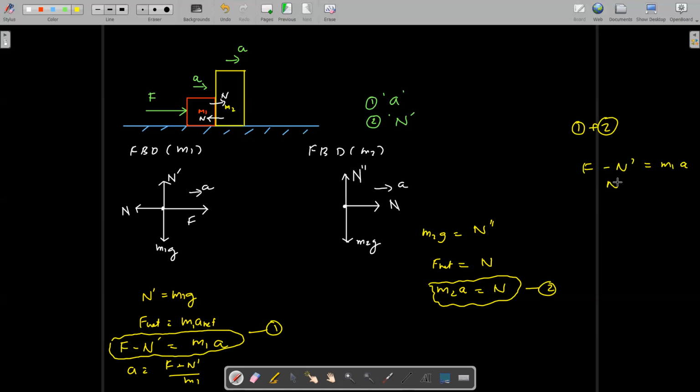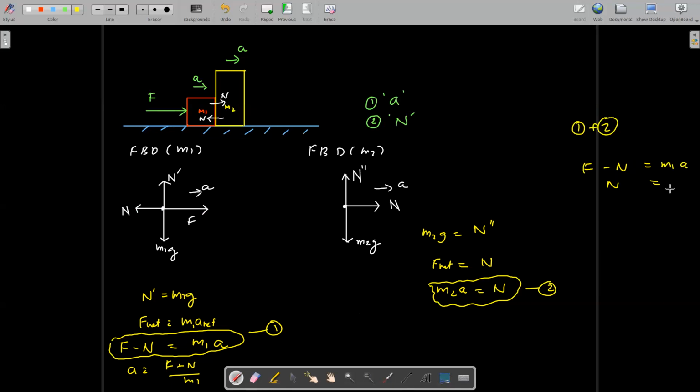We also have n equals, so sorry, this is not n dash, okay? I made a mistake here. So here we have n dash equal to m1g. Here f net is f minus n, okay? Sorry for that, please clear it. This is f minus n. There is no n dash here, it's just n.